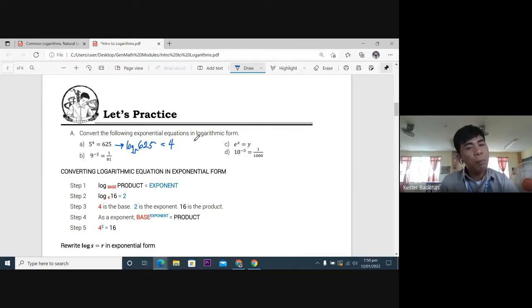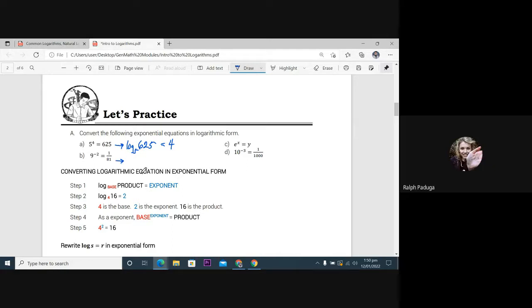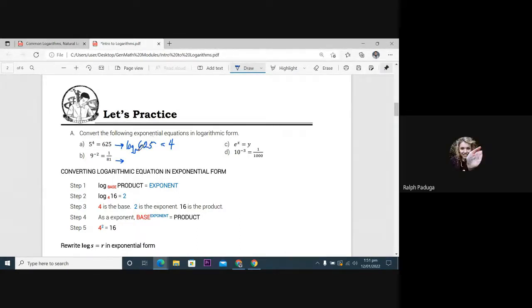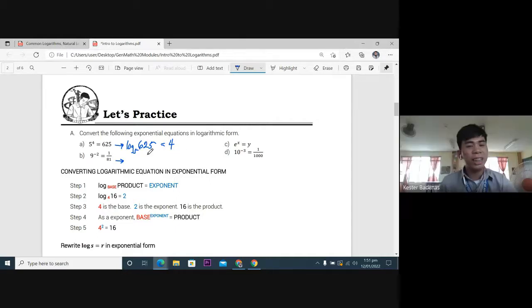Ralph, pabasa nga ulit. Logarithm of 625 to the base of 5 equal to 4. Okay, so that's correct. Thank you, Ralph. Okay, next.